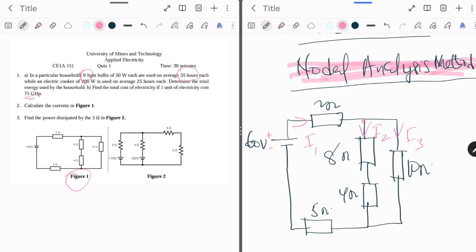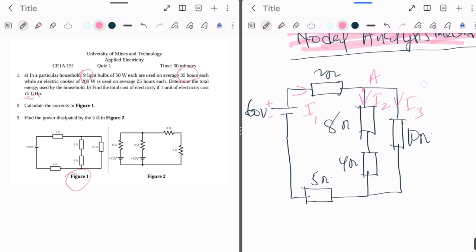Because we have a junction where 2 or more elements are meeting. So this becomes my node. I can label it node A. Then you can see that I2 and I3 are both leaving the node.